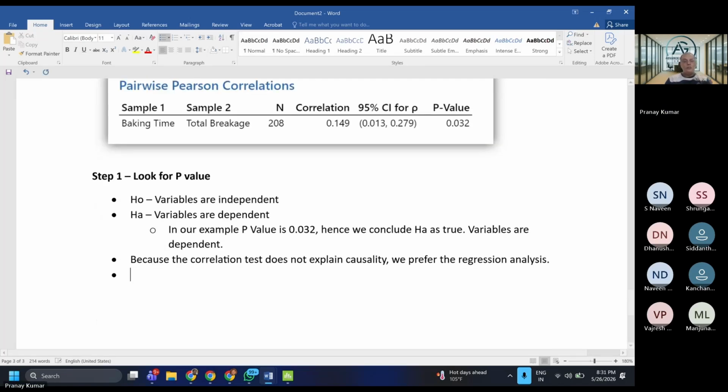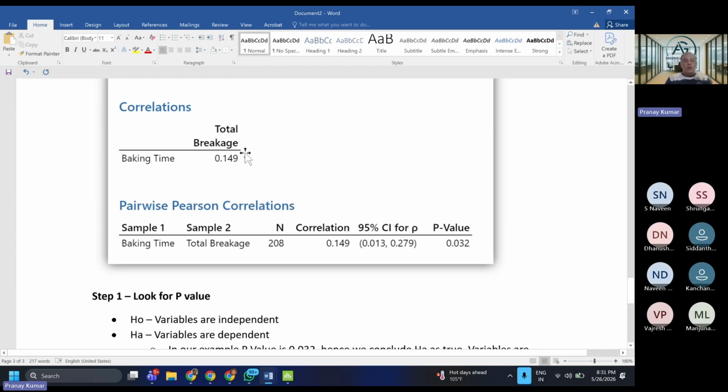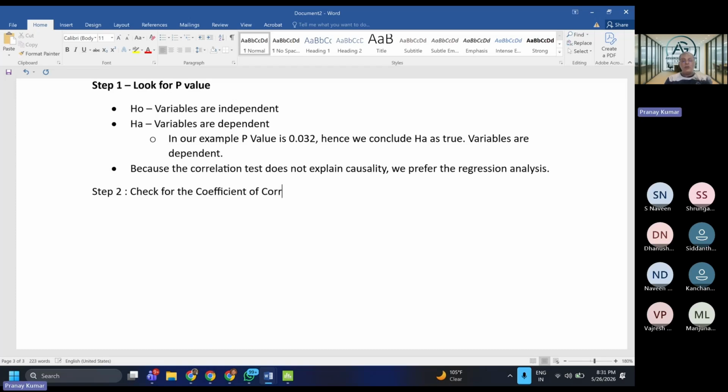Step 2. You are also getting a correlation value here. You see this? Check for the coefficient of correlation as well.